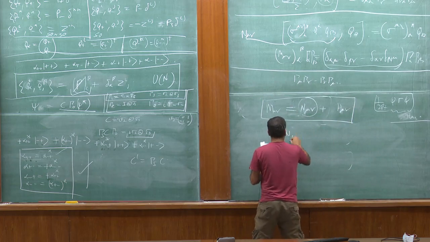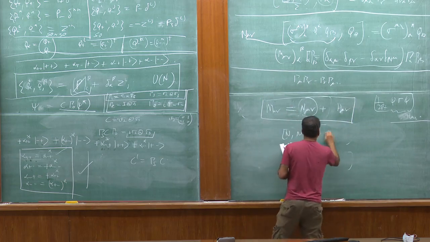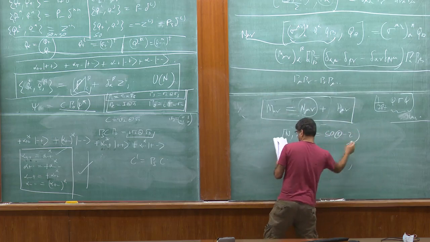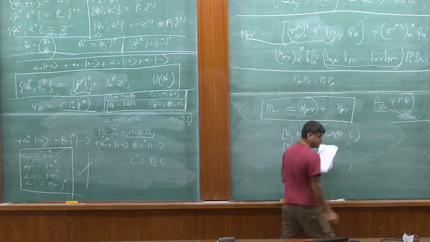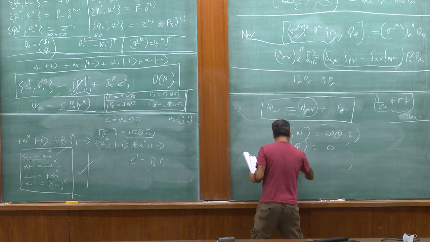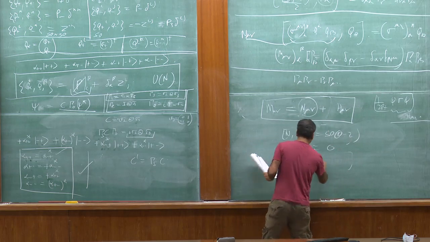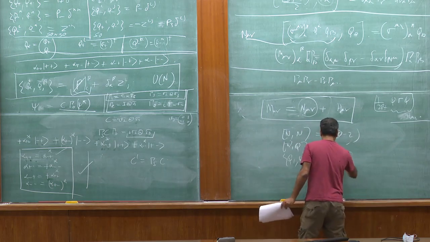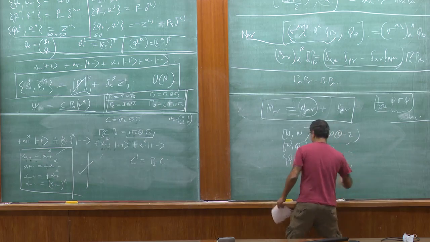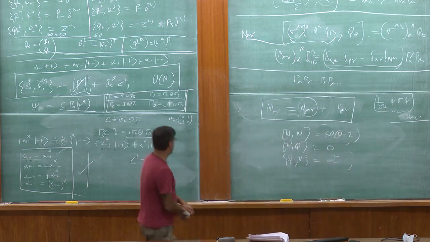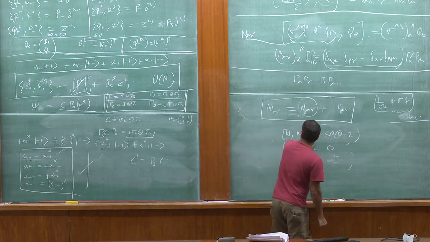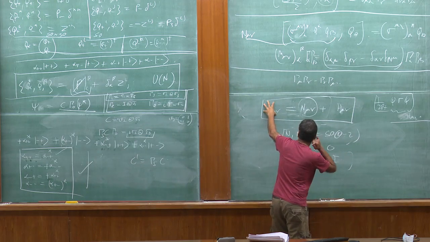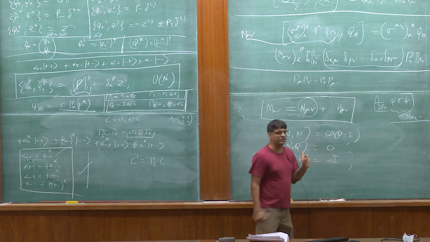We postulate that N with N is equal to SO(D-2), N with Q is equal to 0, and Q with Q is what it should be, omega times identity. Okay. Now claim, if we do this, then original M obeys the correct commutation relations.